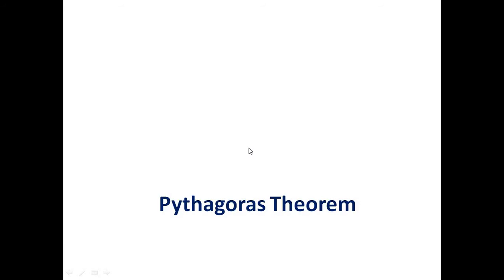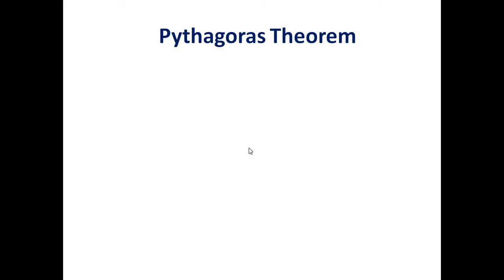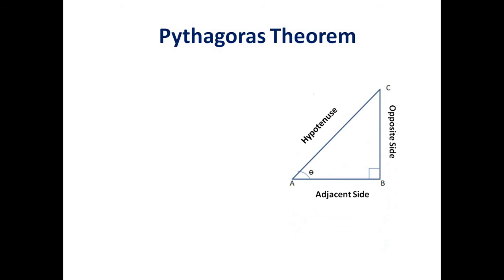In the next slide, we are going to understand another important thing, Pythagoras theorem, which you are already aware of. What is Pythagoras theorem? For a right angle triangle, the square of hypotenuse is equal to the sum of squares of opposite and adjacent sides.